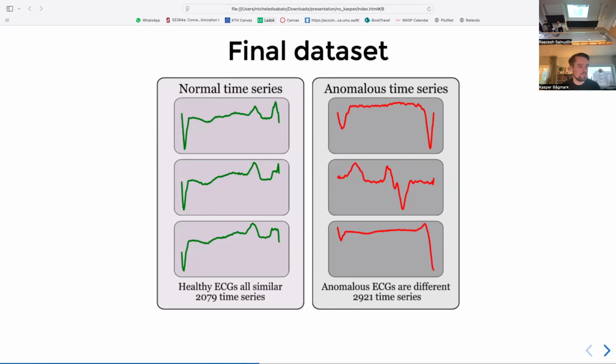And actually, these anomalous heartbeats are categorized into 4 different categories depending on what kind of heart condition the patient has. But for our purposes, we decided to just group all the anomalous time series into one category. And this is basically because of 2 main reasons. The first one is it's simpler, especially for our autoencoder approach.